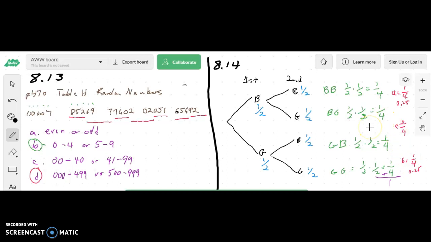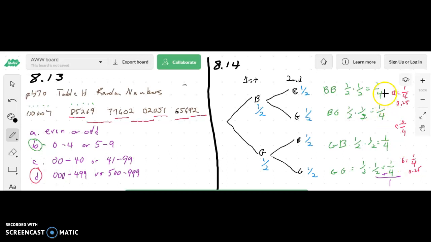Now let's go on to item C. It says either two boys or two girls. Since it's either two boys or two girls, we are satisfied if we randomly select a family that has two boys, like this group, or two girls, like this group.